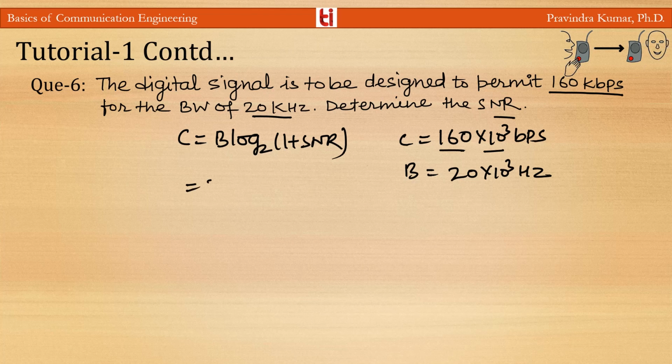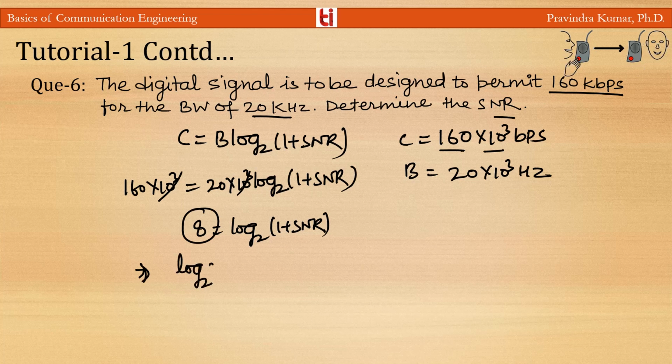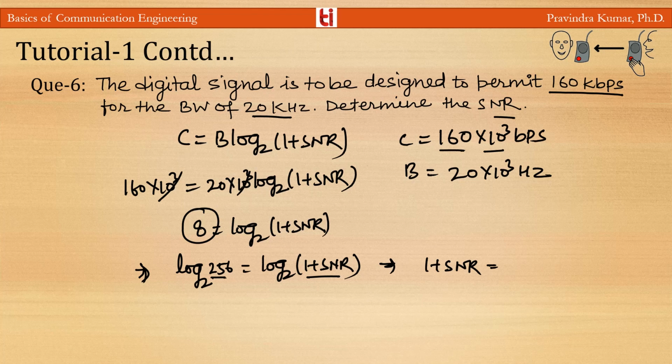So if I write this value here, it will be 20 into 10 to the power 3 log 2 (1 plus SNR), and it is 160 into 10 to the power 3, so it will be 8 log 2 (1 plus SNR). And here I can write 8 in the form of log 2 256, which equals log 2 (1 plus SNR). By comparison, we have 1 plus SNR equal to 256.